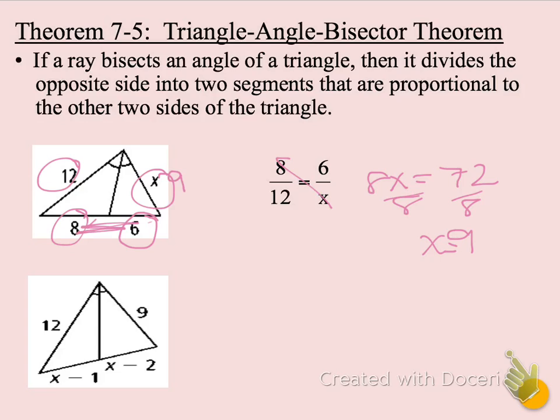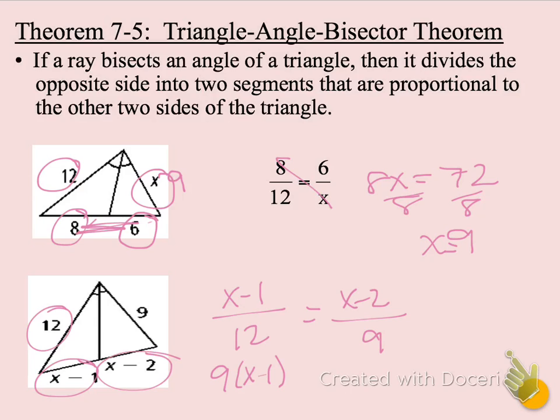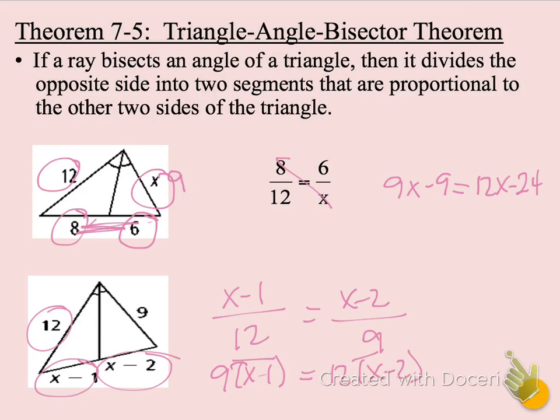Okay, so we know that that's 9. So the bottom, x minus 1 over the side, set equal to the bottom again, and the side. Cross multiply, so I'm going to get 9 times x minus 1 is equal to 12 times x minus 2. So if I distribute, I should get 9x minus 9 is equal to 12x minus 24.